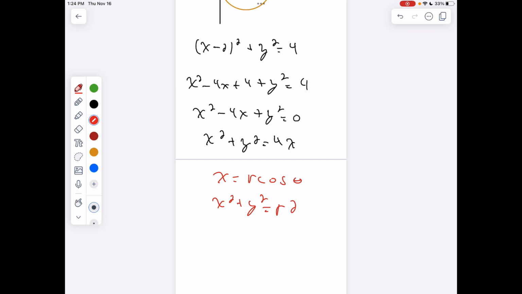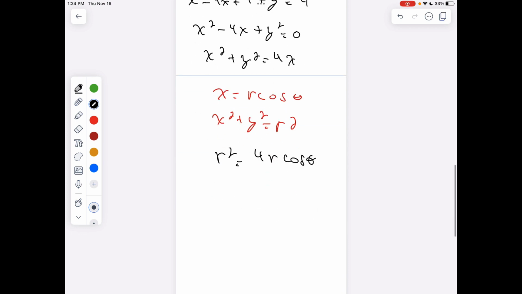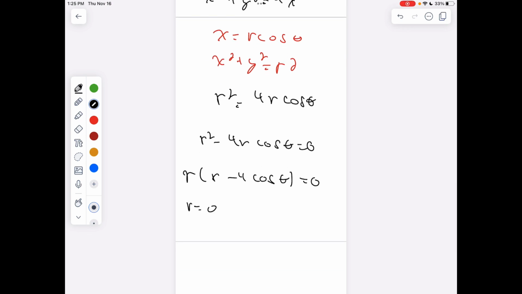So another way of writing this would be r squared equals 4r cosine theta. If we move that 4r cosine theta over to the other side, you would get r times (r minus 4 cosine theta) equals 0. And you get r equals 0, or r minus 4 cosine theta equals 0, so r equals 4 cosine theta.